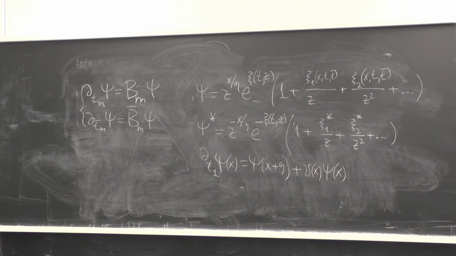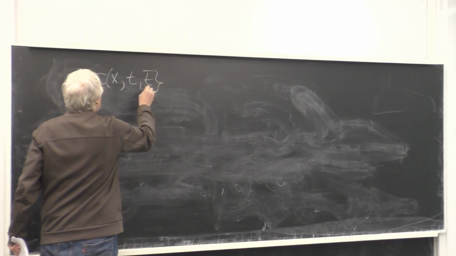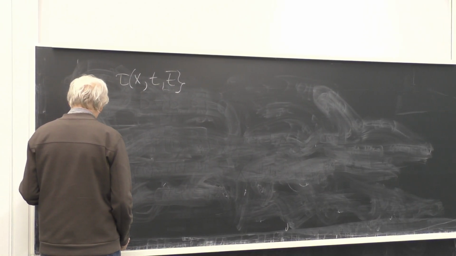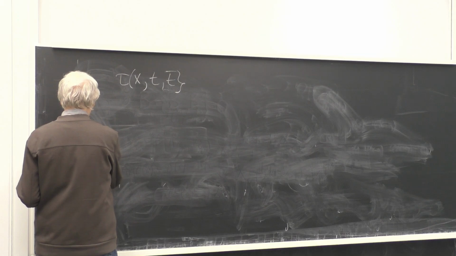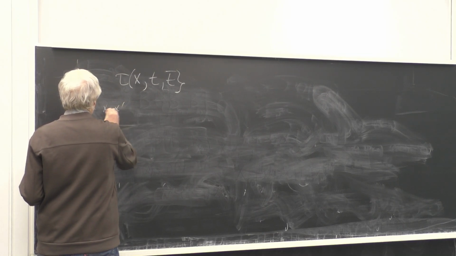The tau function is a function of x and the two infinite sets of times. And the integral bilinear equation for it can be written in the following form.